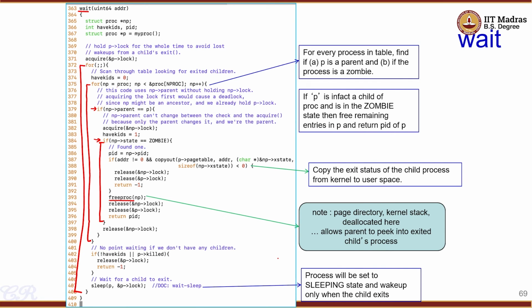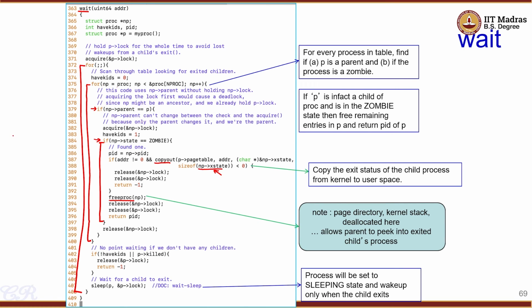Now, prior to this freeproc, one important aspect is this copyout, which looks into the NP proc structure, takes the xstate value, and uses this as the return from the wait.